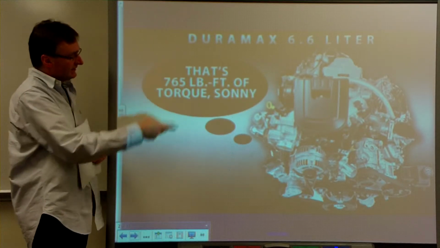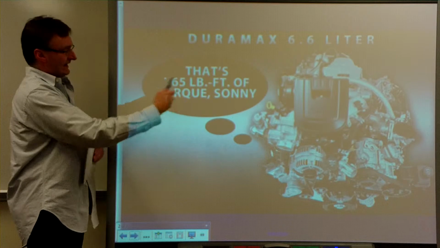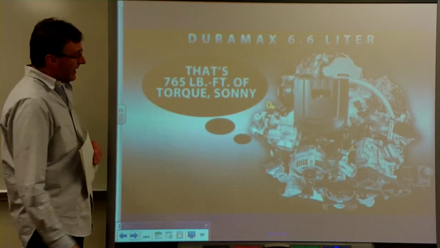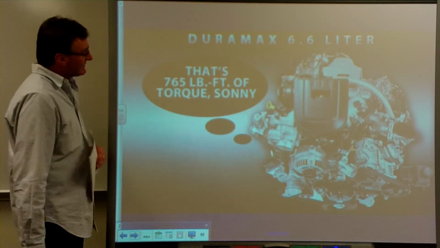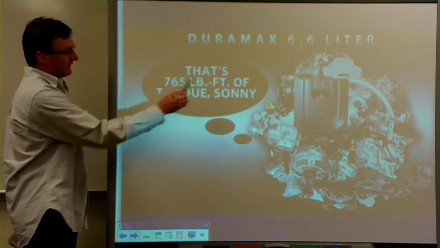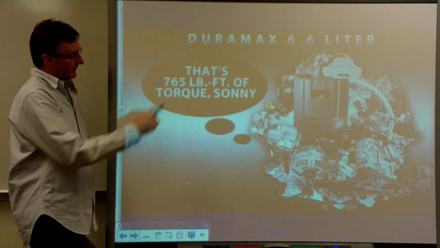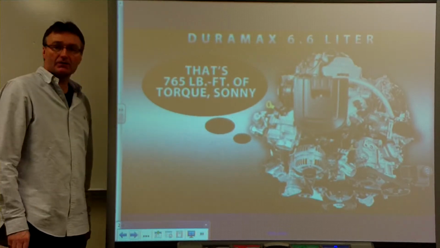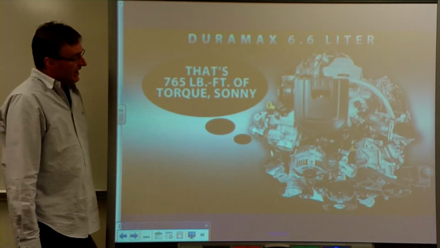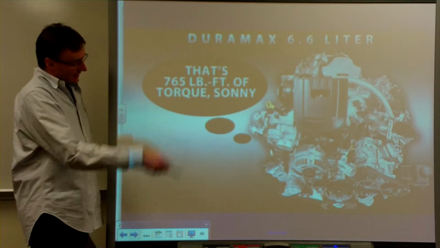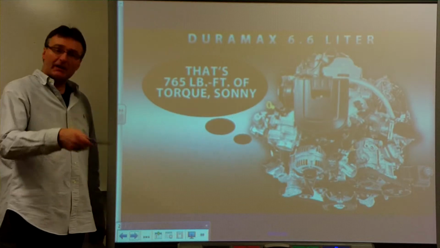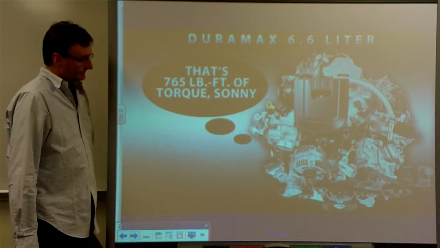They're a Duramax diesel, and they're bragging that it produces 765 pounds-feet of torque. These are different units than what we actually use, because obviously these are the imperial units, and we will be looking at metric units. But you've probably come across this before many times, how much torque an engine produces, and they make comparisons and all that kind of thing.